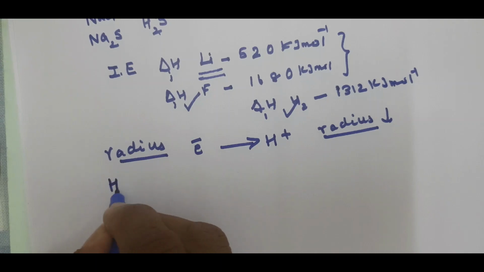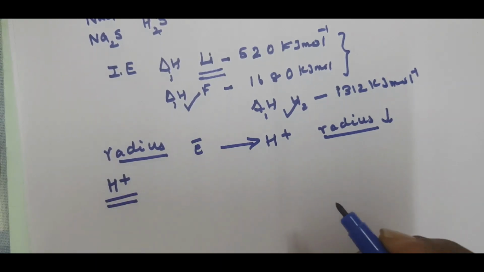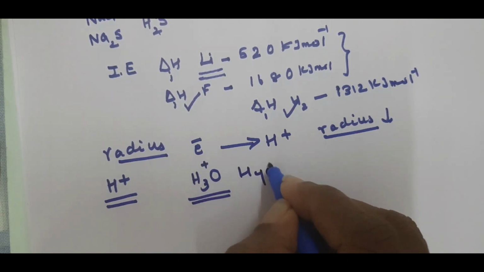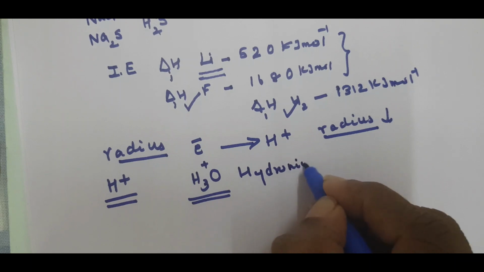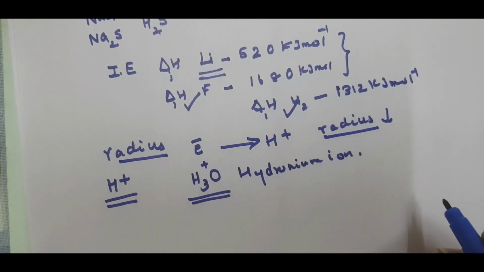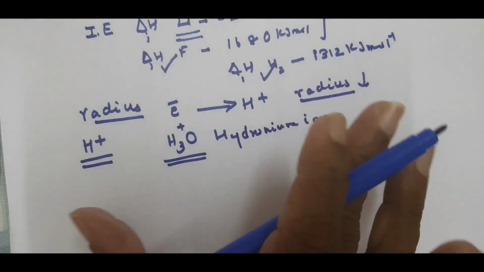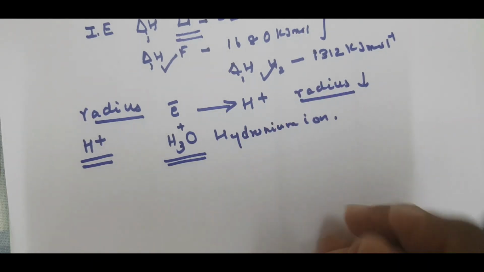That is the reason why the H plus ion does not exist independently. It always combines in aqueous solution to form the hydronium ion. You remember this? It forms the hydronium ion. So this is somewhat an introduction of hydrogen.